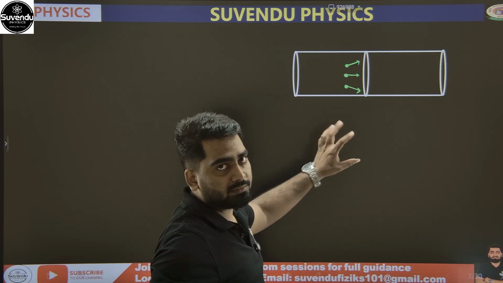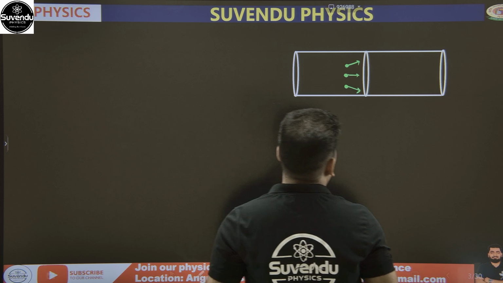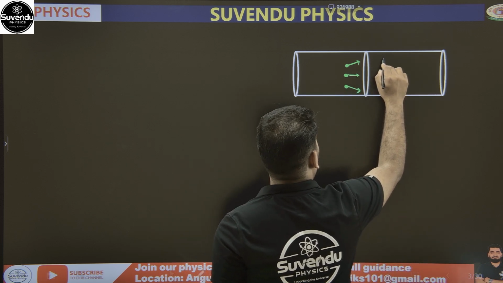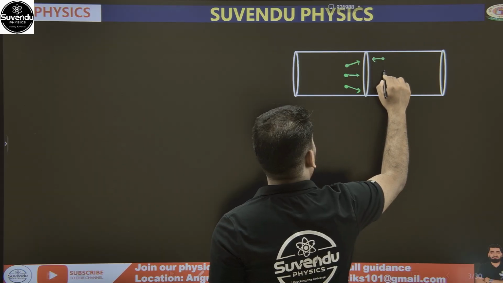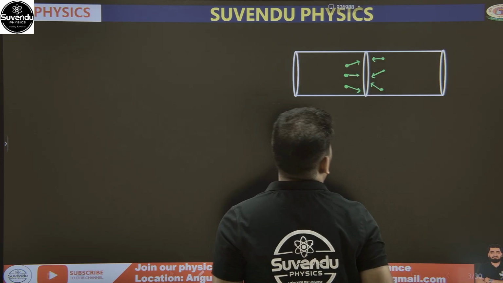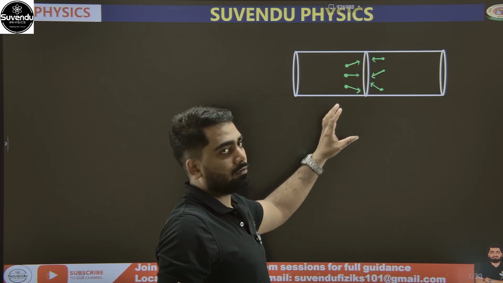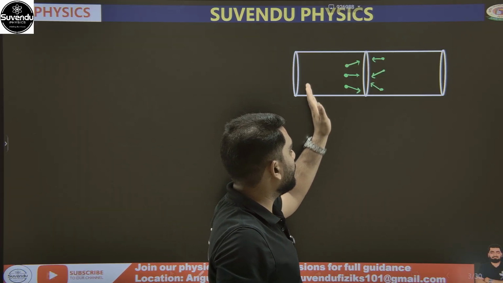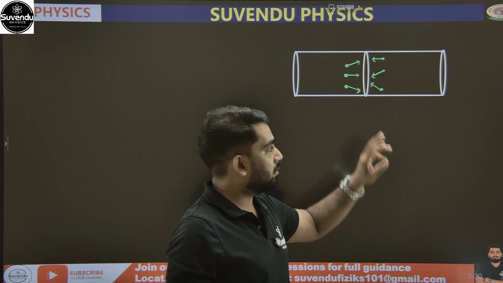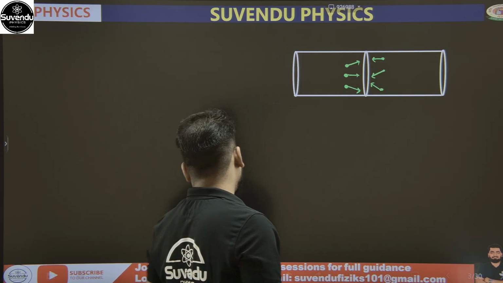All the electrons are in zigzag or random motion, with thermal speed 10 to the 5 meter per second. That means the same number of electrons that pass through this cross section from left to right in time interval t seconds also pass from right to left.